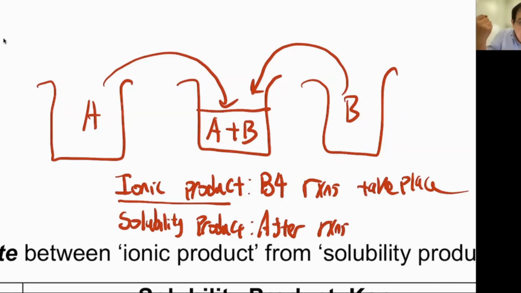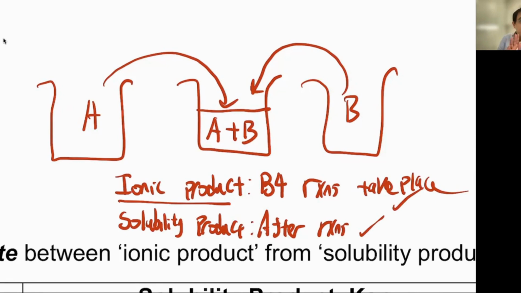Solubility product means that I make them collide, I leave them to 10 hours, 1 day, 1 week, we don't care. Until no more reaction. That means no further reaction. This is called solubility product. So know the difference? Ionic product, before reaction, just mixing. Solubility product is after reaction, establish the equilibrium.